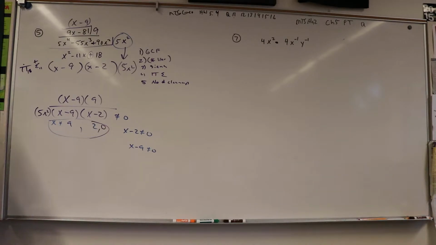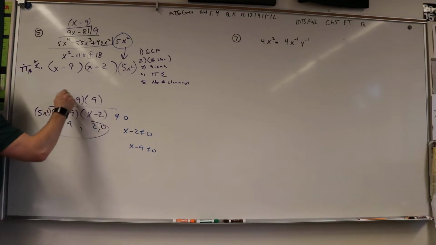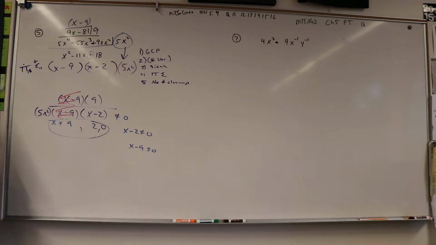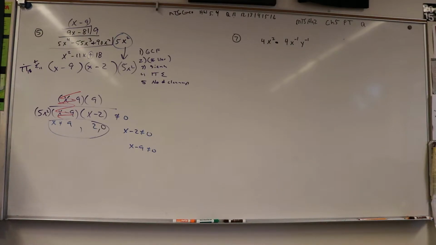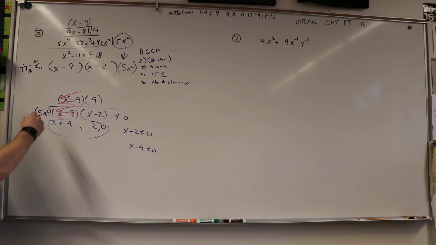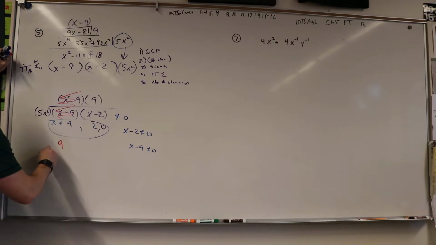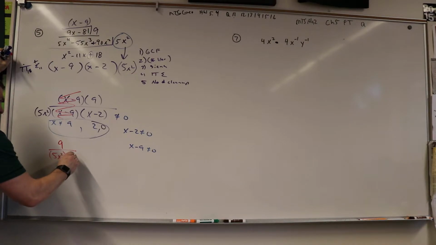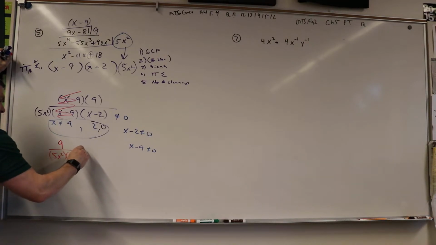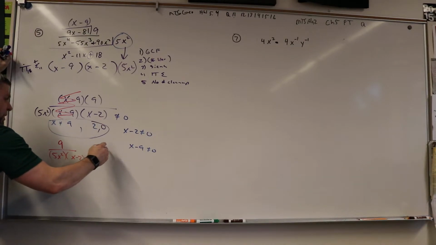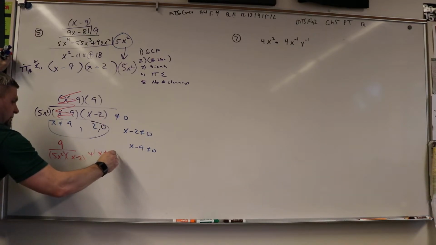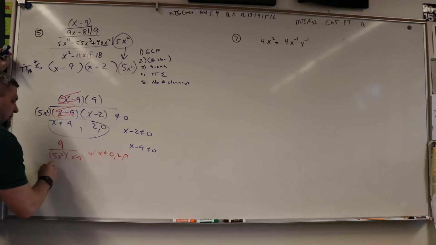Alright, so now we cancel out. Can we cancel 5 with the 9? No. Any x's? No. So we just got 9 over 5x squared times x minus 2, whereas x cannot equal 0, 2, and 9.